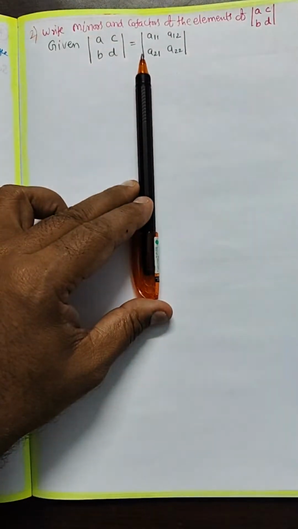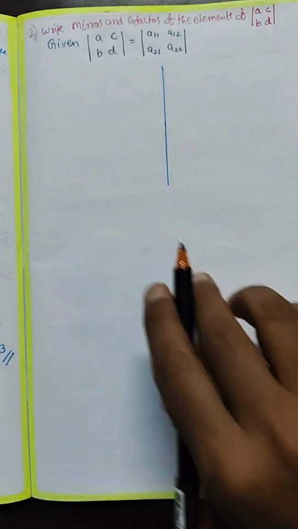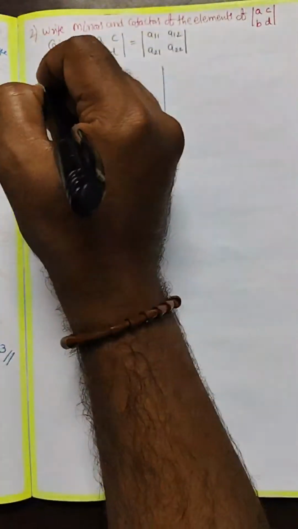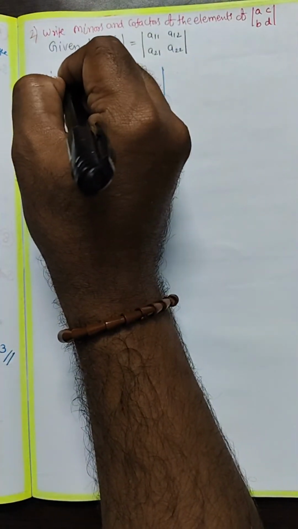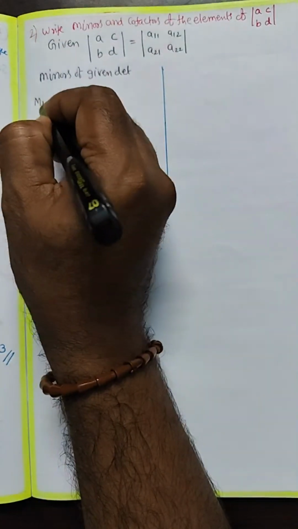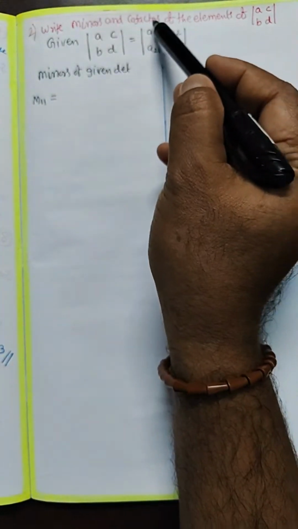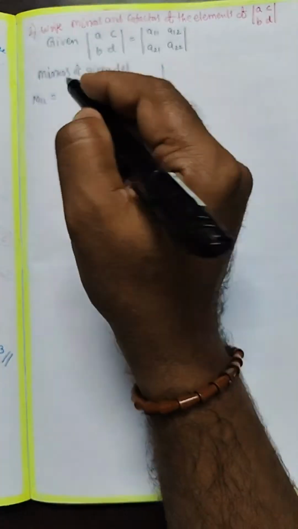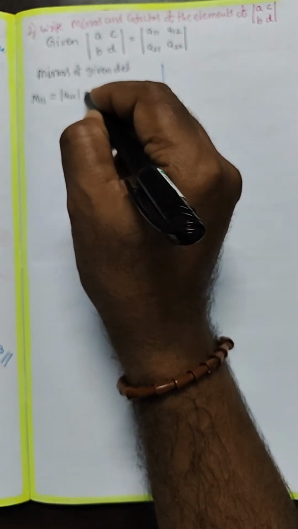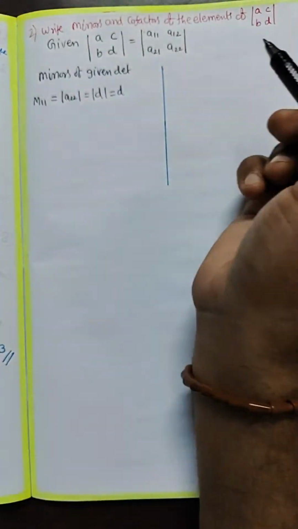So first calculate the values of minors of the given determinant. First calculating M11. M11 is defined by eliminating first row, first column; A22 is that. So determinant A22. What is the value of A22? D. Determinant of D is equal to D.